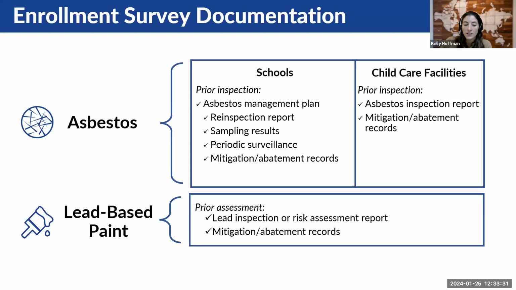And childcare facilities with a prior asbestos inspection are asked to upload their inspection report and any mitigation or abatement records from the last 3 years. And then for lead-based paint, facilities are asked to provide their most recent lead inspection or risk assessment report and any mitigation or abatement records from the last 3 years.